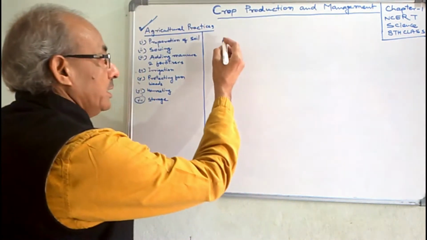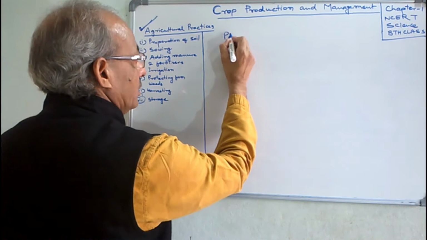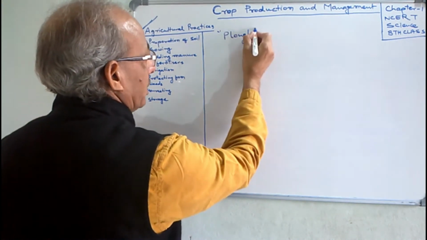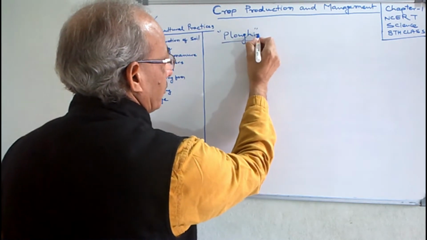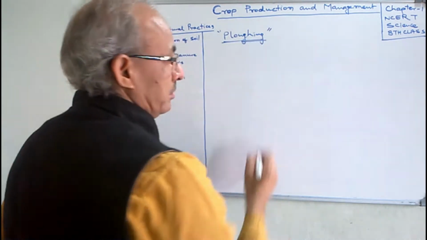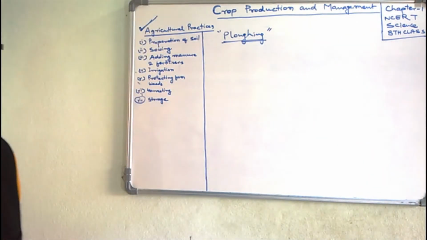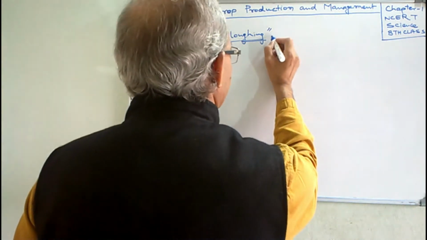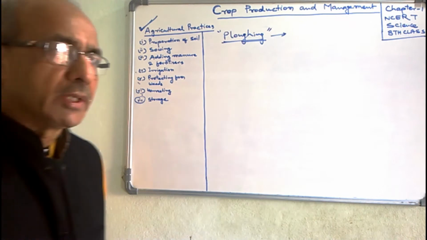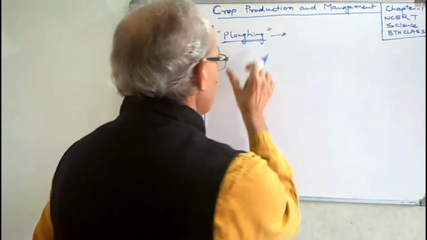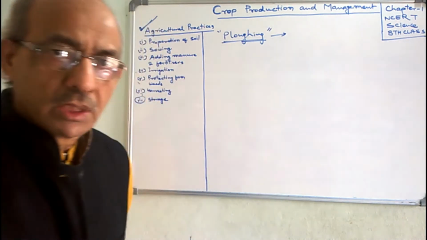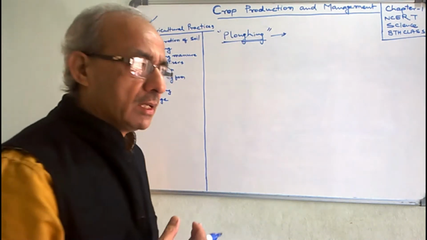First, we again repeat the definition of ploughing. During the second session, we discussed the definition of ploughing. Again, I am repeating the definition of this term. Ploughing means the loosening and turning of the soil.